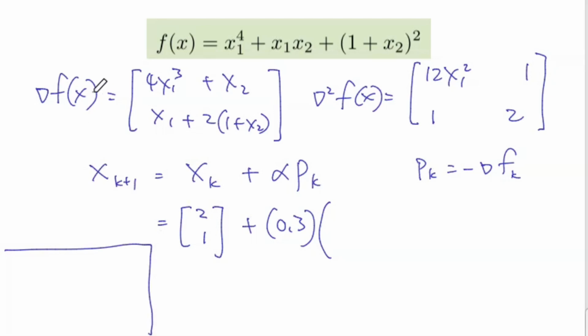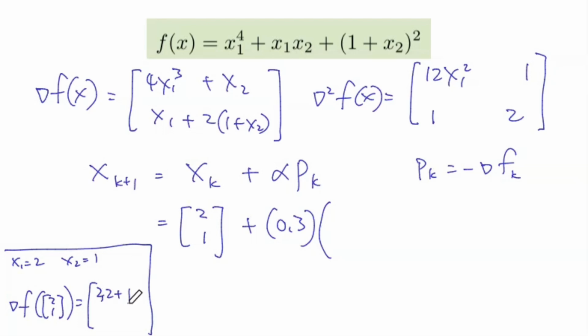The gradient: when s1 is 2 and s2 is 1, substitute 2 here, you have 24 plus, sorry, 32 plus 1, right?